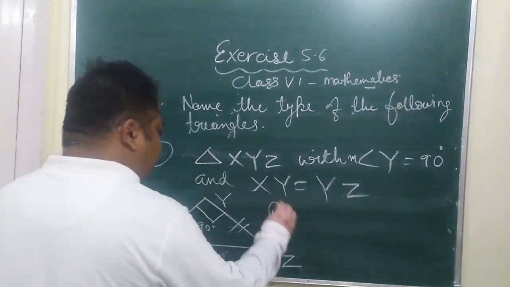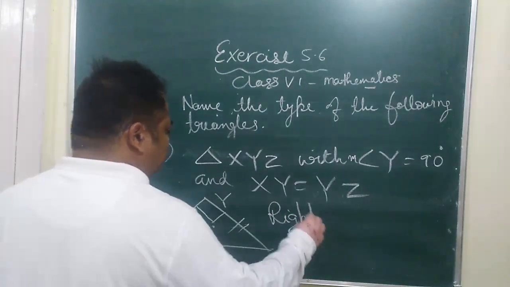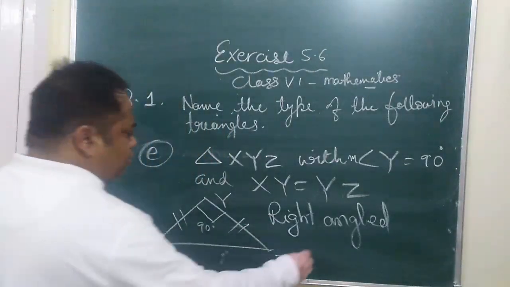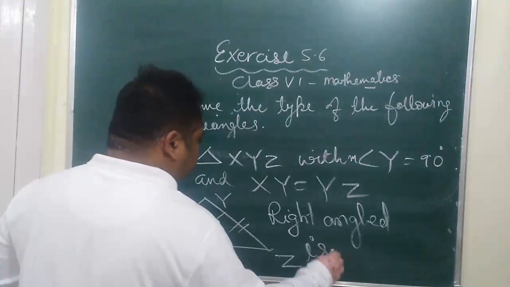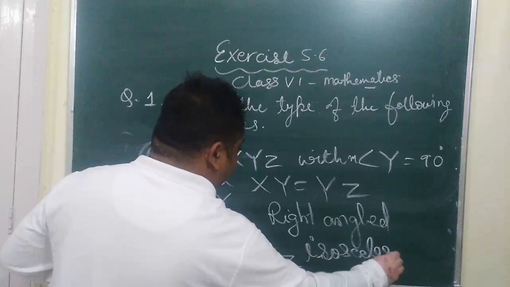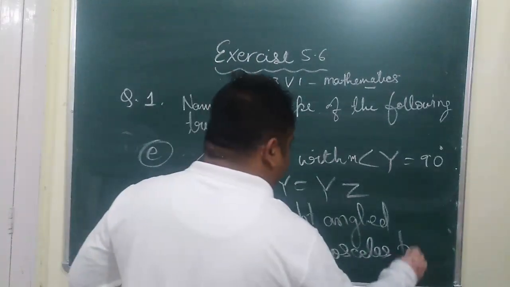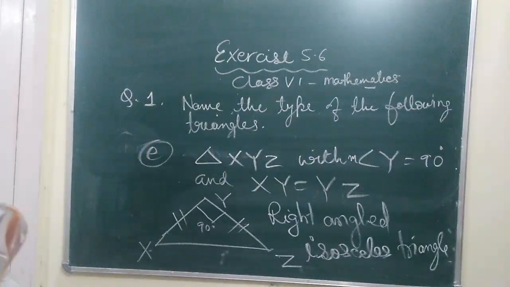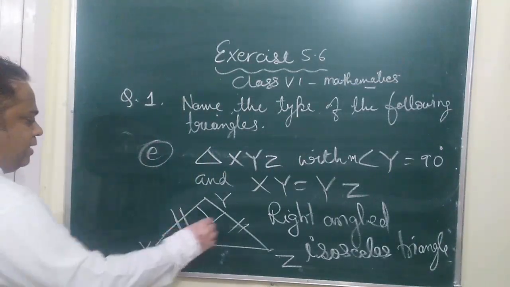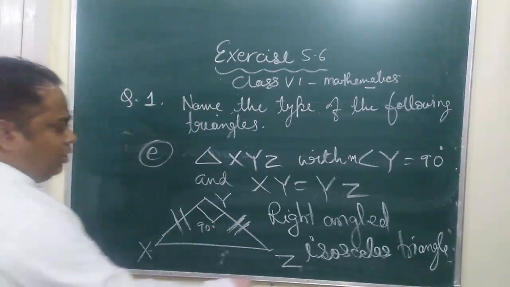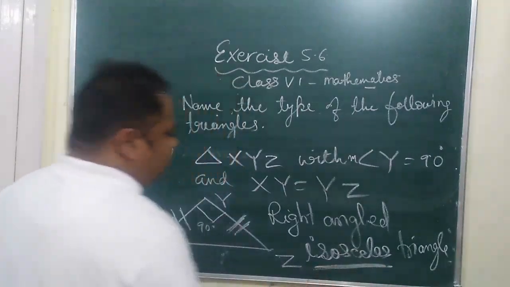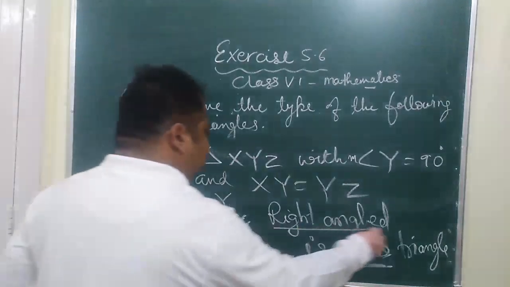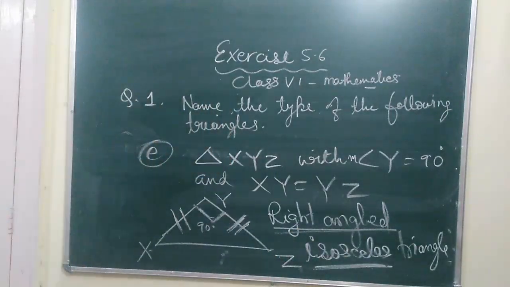This is a right angle isosceles triangle. This triangle will have two names because its two sides are the same. For such a triangle we call it isosceles triangle, and for the right angle we call it right angle triangle.